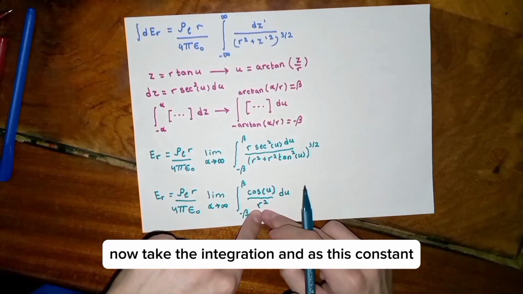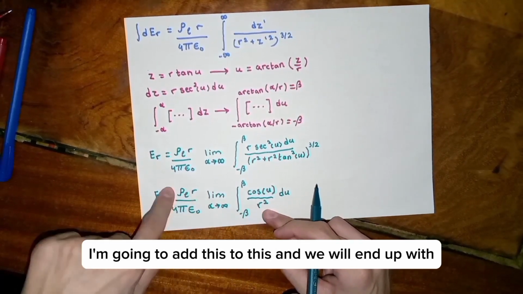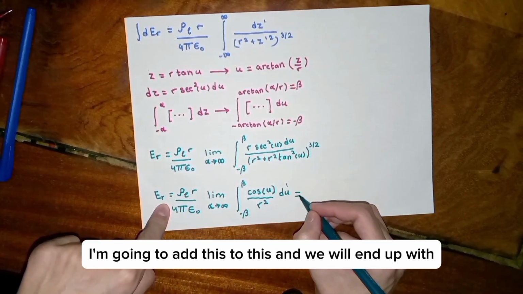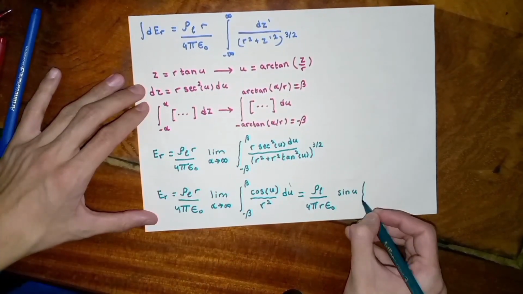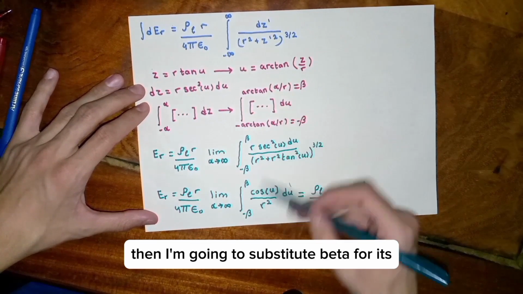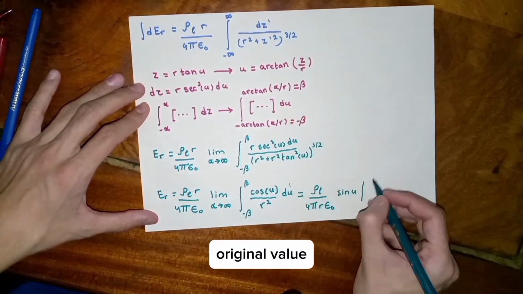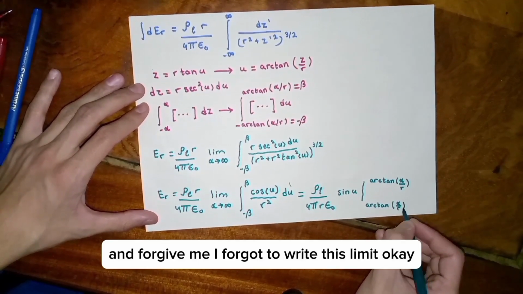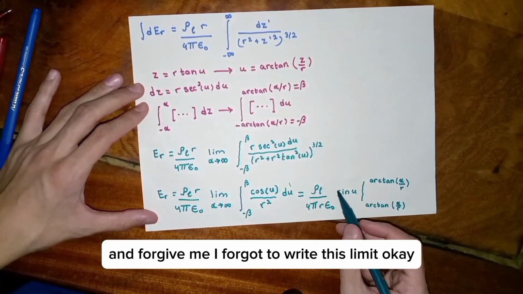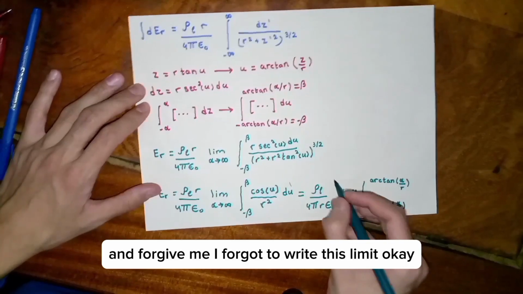Now take the integration, and as this is constant, I'm going to add this to this, and we will end up with, I'm going to substitute beta for its original value. And forgive me, I forgot to write this limit.